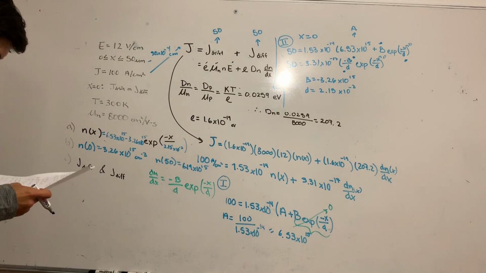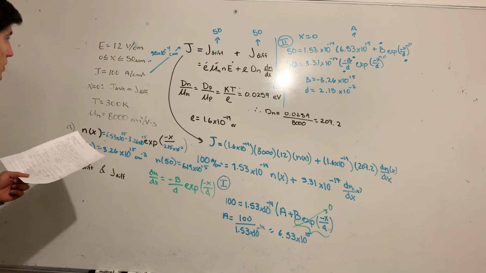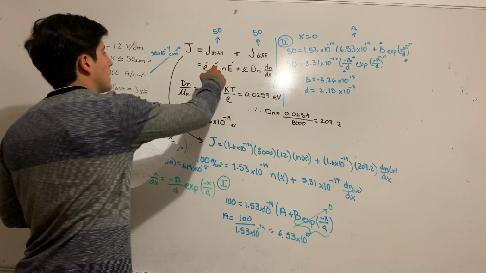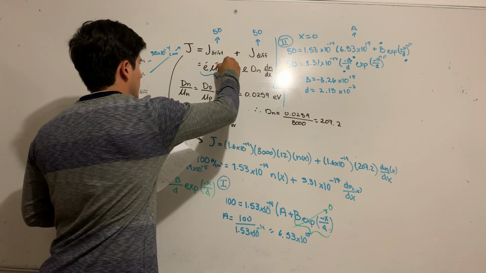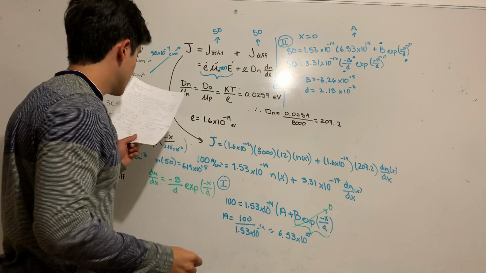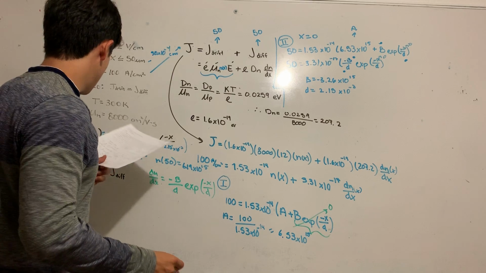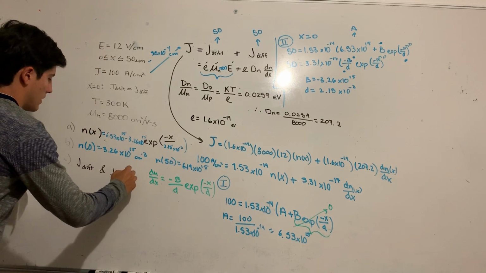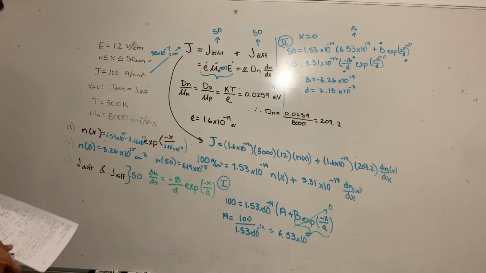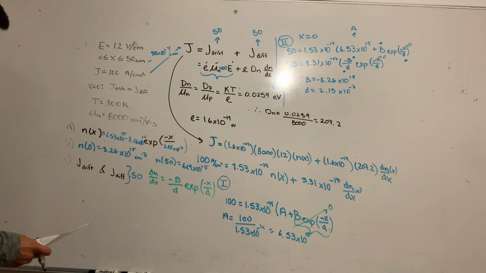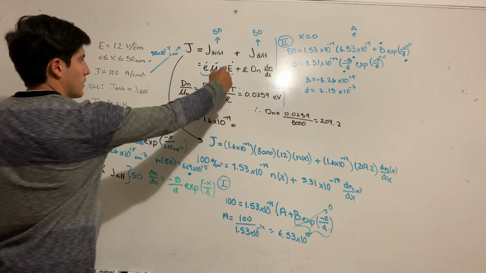And for C, the J drift, you're going to have this with n of x, and n is going to be 6.19. Is it this at 50? Yes. So we're gonna grab this value and place it over here.